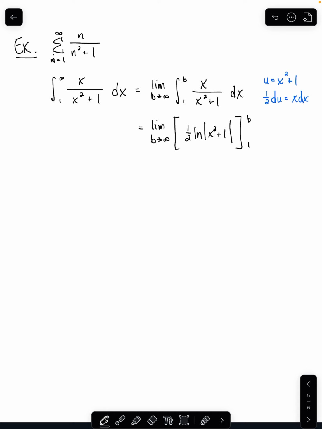The absolute value is not strictly necessary here because, as we said, x squared plus 1 will always be positive. So what we have is 1/2 times the natural log of b squared plus 1 minus 1/2 times the natural log of 1 squared plus 1. Oh, and of course, the limit in front of the whole thing.